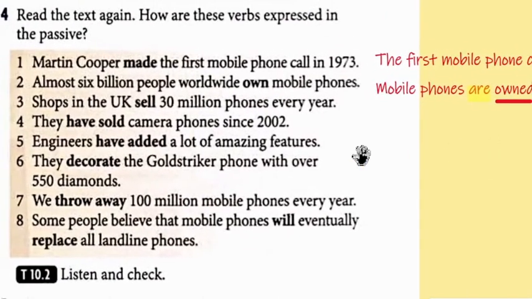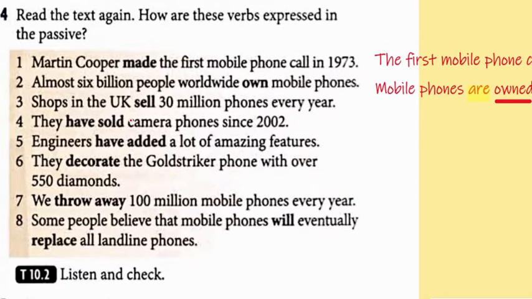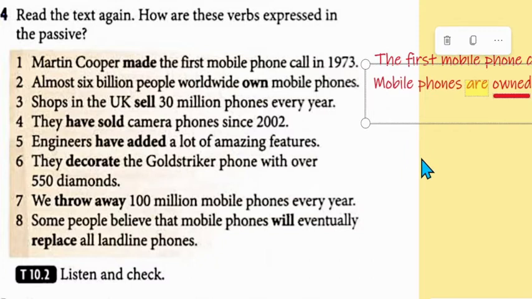Number 3. Shops in the UK sell 30 million phones every year. So what would be the passive voice of this sentence?